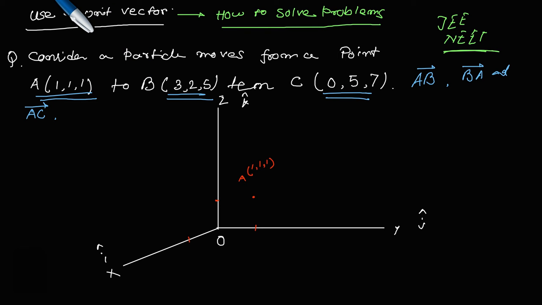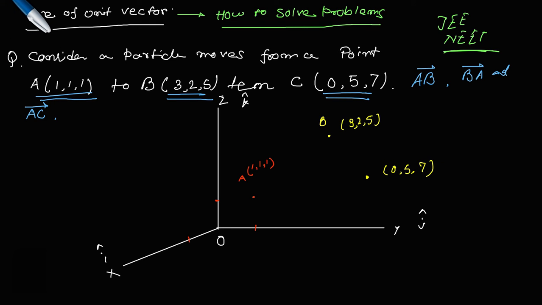The next point is point B, which is 3, 2, 5. I'm just writing 3, 2, 5. The next point is 0, 5, 7. 0 means x is 0, so here y and z. We can write it here 0, 5 and 7.